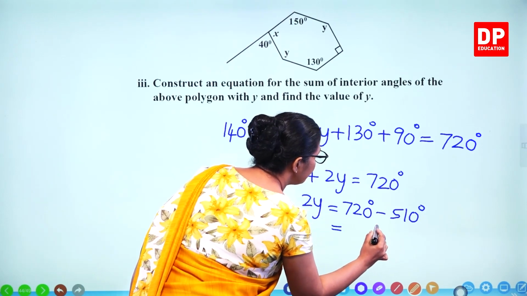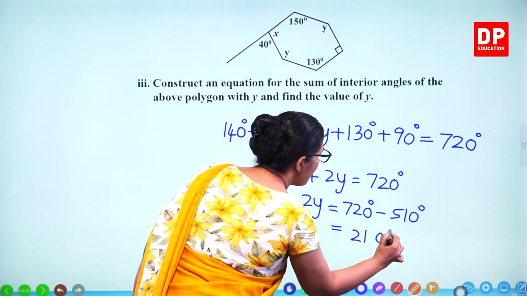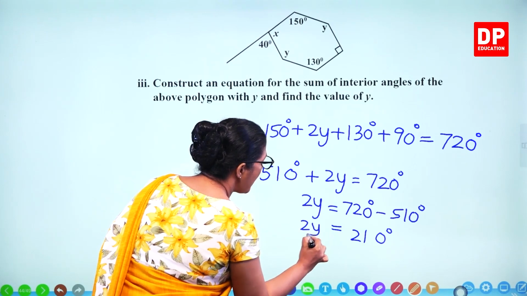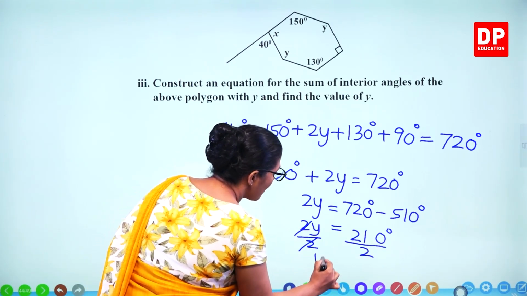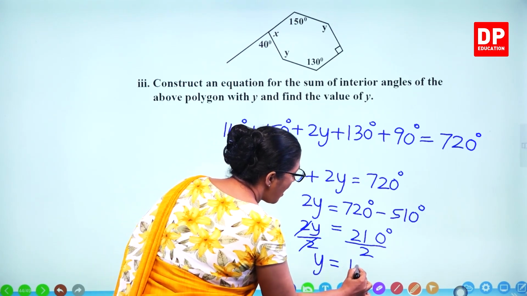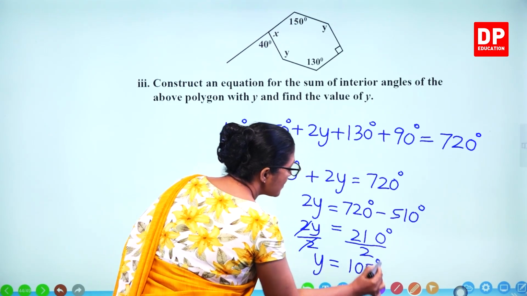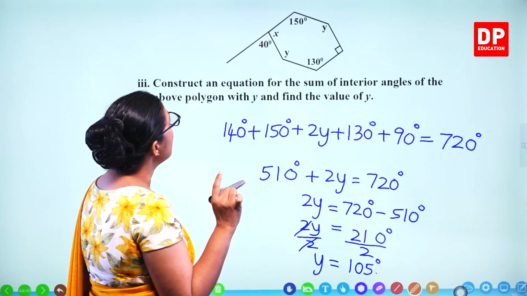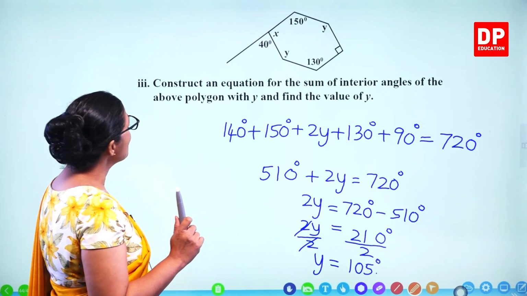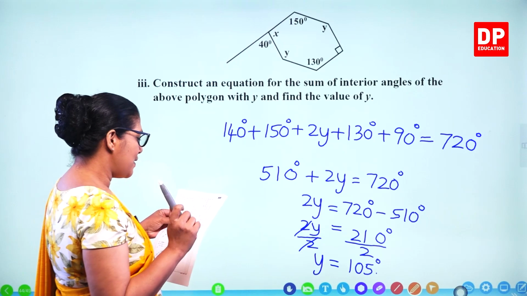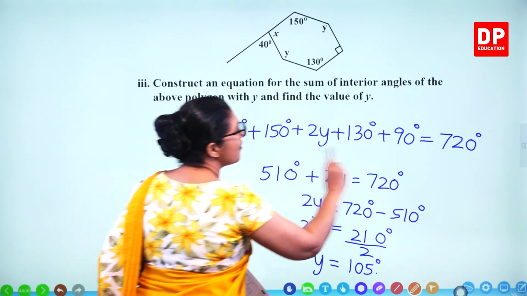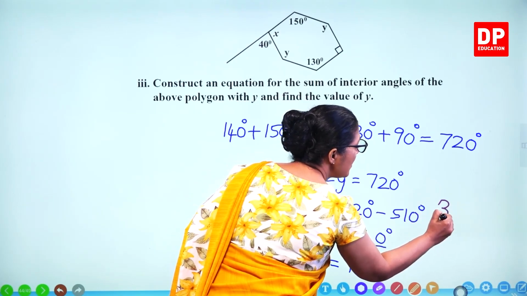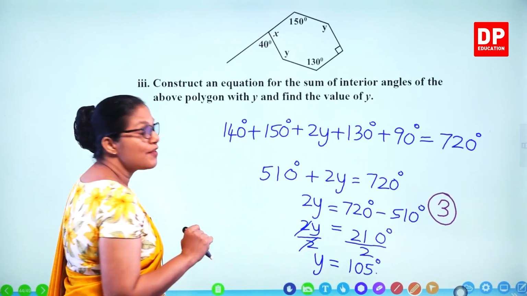You get 210 degrees is 2y. Divide by 2. What do you get? y equals 105 degrees. So that's the y value. So how many marks for this question? In the marking scheme you have 3 marks for this. So writing the equation and solving for y, you get 3 marks.